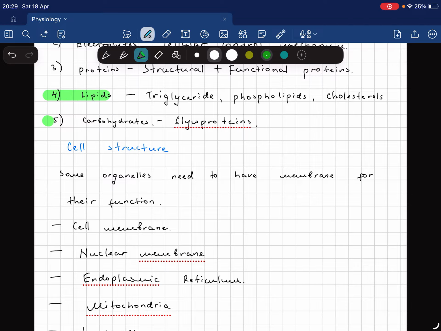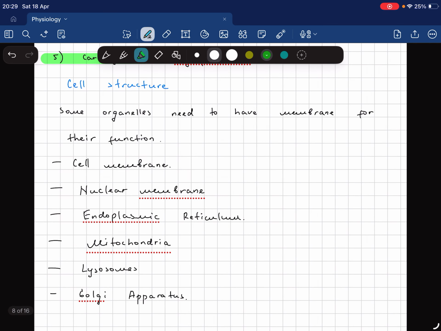Next, carbohydrates. Carbohydrates act as a marker of every cell. I will talk about it later, but carbohydrates act like glycoproteins, and they are located in the cell membrane.